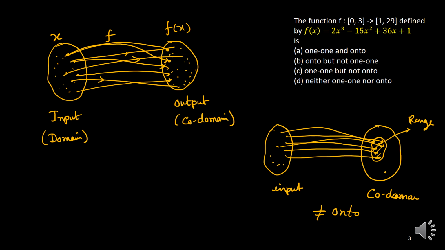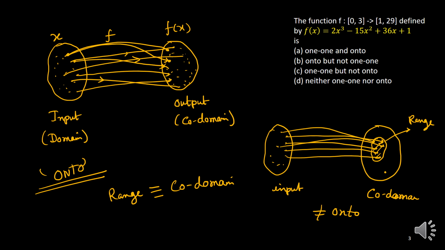So in simple words, what is the meaning of onto? Onto means that the range is exactly the same as the codomain, whatever it is specified as. Then it is called onto. If it is not true, then it is not onto. That simple.